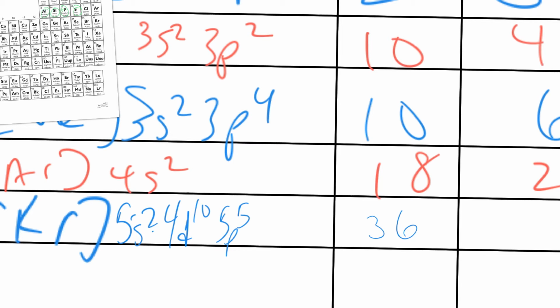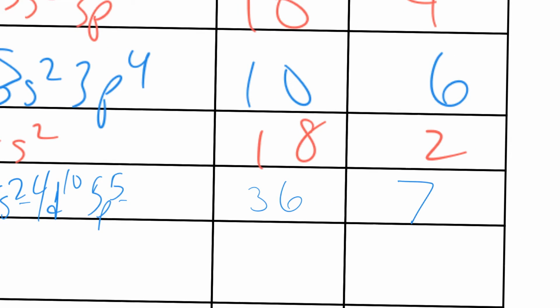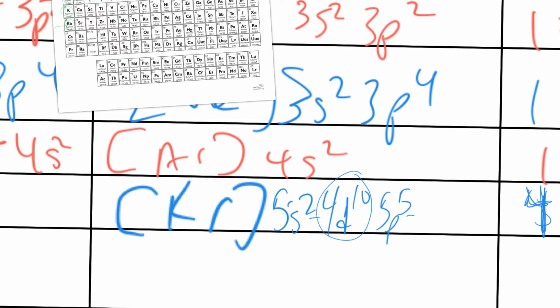And if we add these up, 2 plus 5 is 7 valence electrons, and actually we got to add this fourth energy level, so this actually ends up being 46. I forgot that those are of lower energy because these are 4d and these are 5 and 5.